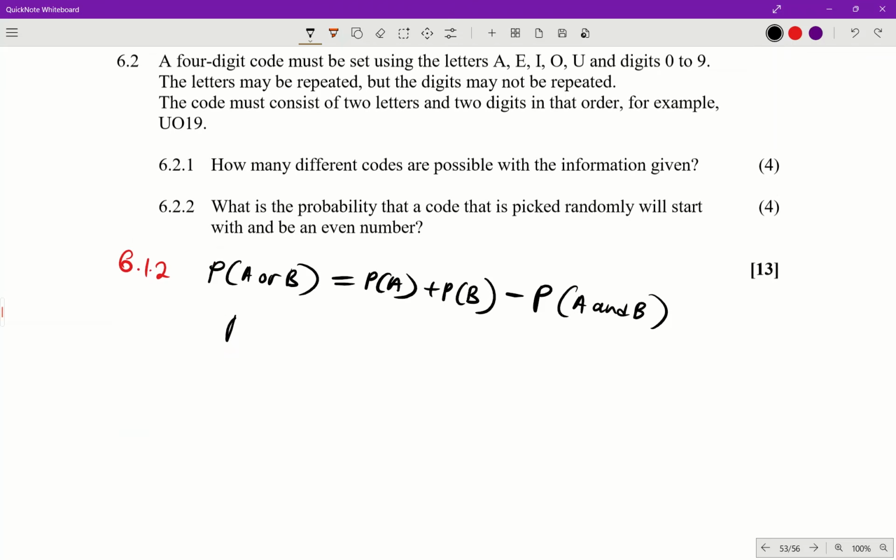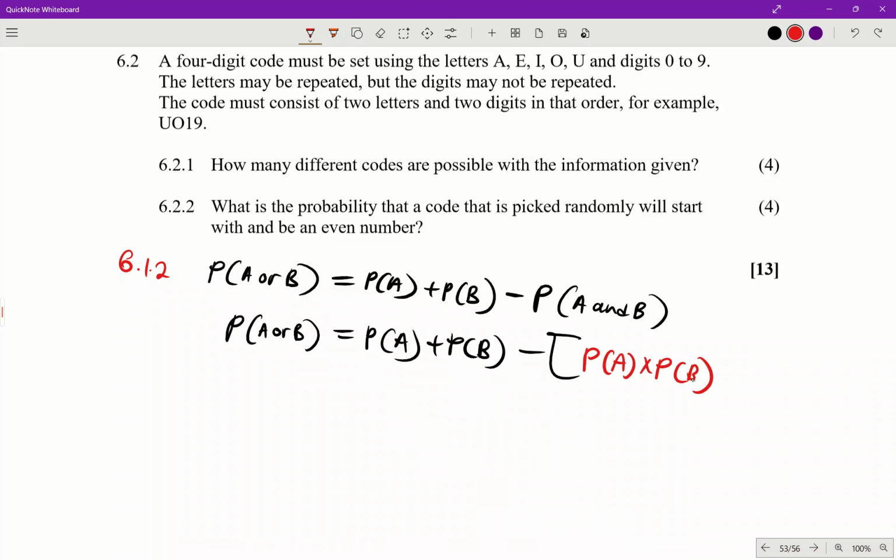So it means the probability of A or B is just gonna be the probability of A plus the probability of B minus the probability of A multiplied by the probability of B. Remember that the probability of A and B is the same as the probability of A multiplied by the probability of B whenever you have independent events, guys.